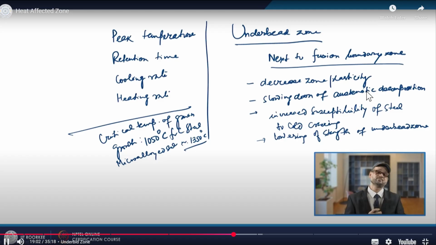First, we have to reduce the temperature gradient so that the formation of the martensitic phase can be avoided, slow down the austenitic decomposition, and decrease the zone plasticity, which increases the susceptibility of the steel to cracking. Also, if there is any grease, the surface is cleaned.